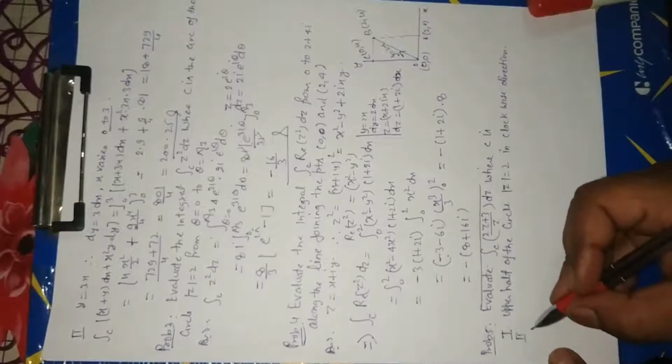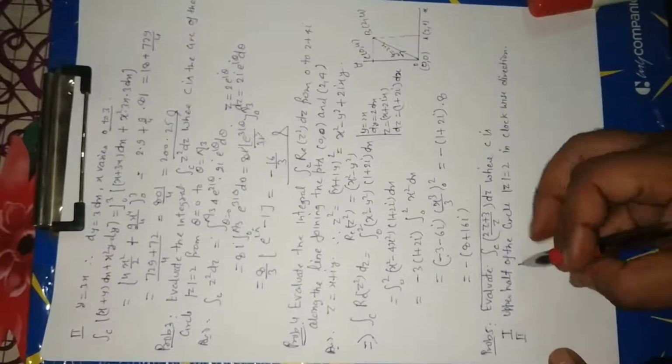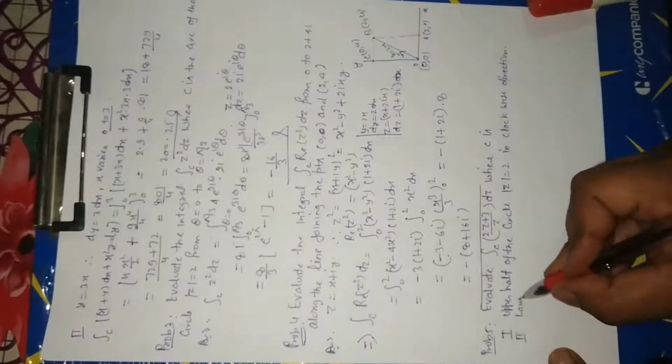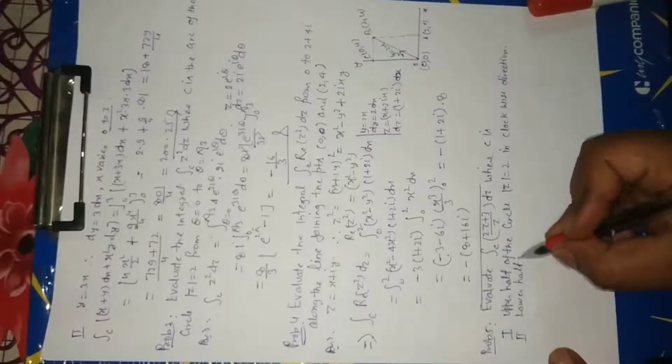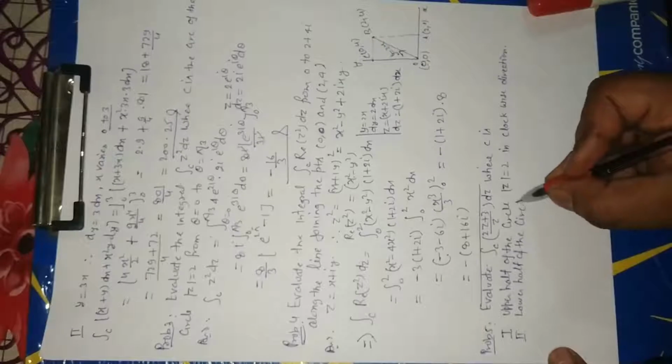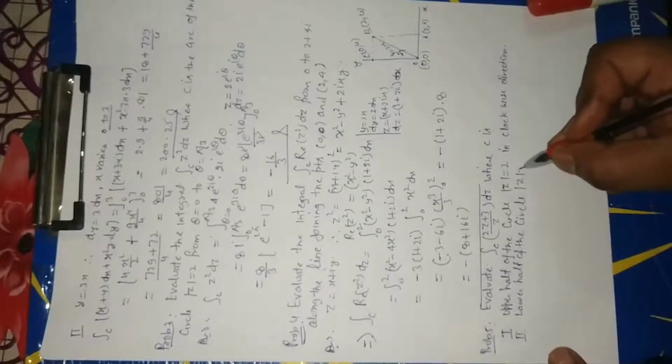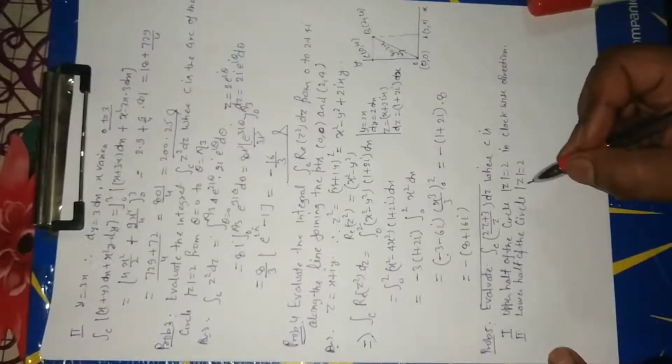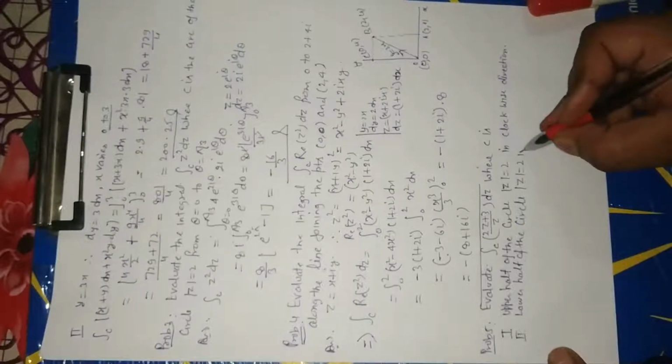Now second part, the lower half of the circle modulus z is equal to 2 in the anti-clockwise direction.